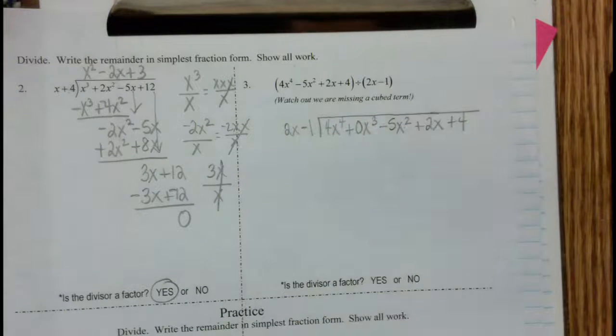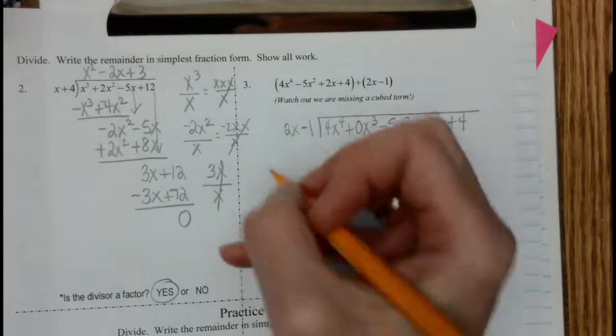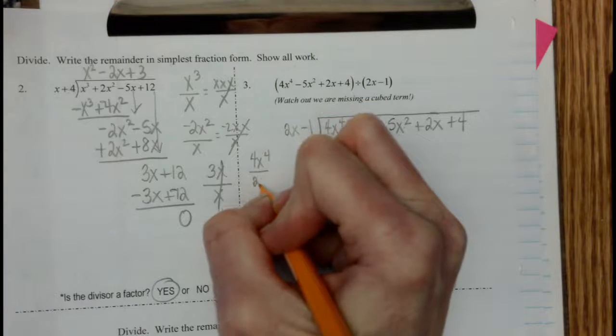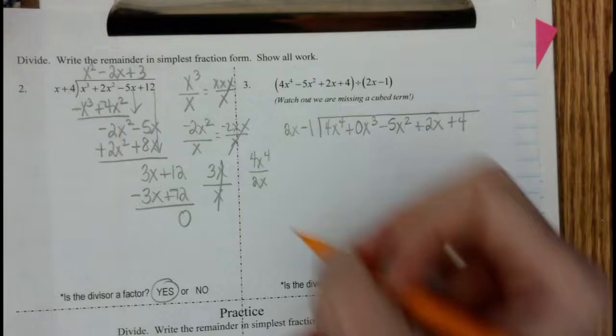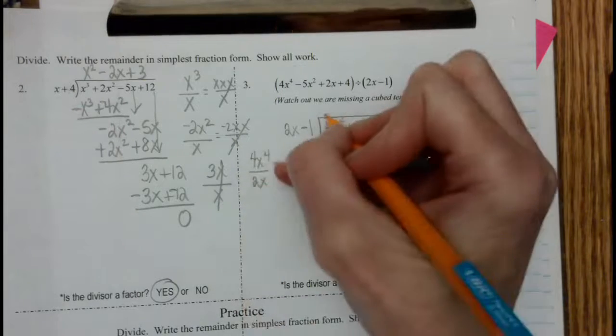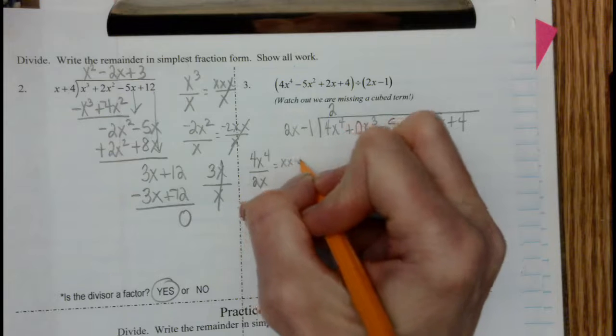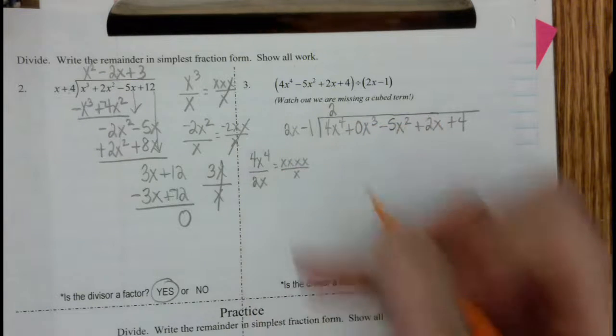We're dividing by 2x minus 1. And my space is a little tight here, but what we're going to do is take 4x to the 4th and divide by 2x. Well, 4 divided by 2 is 2. And x to the 4th is x divided by x.